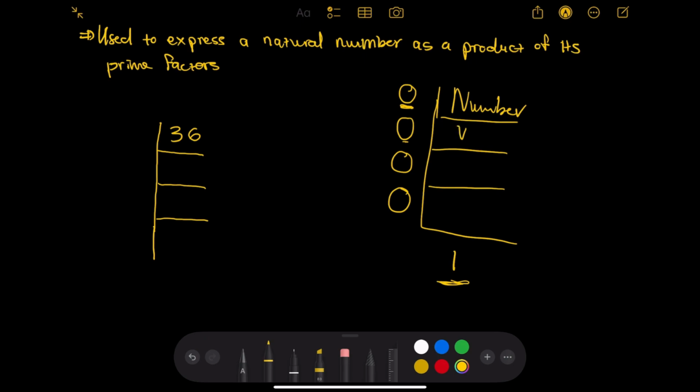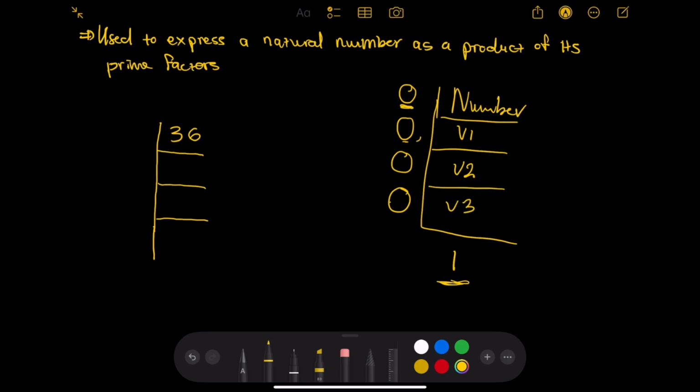It will give me some value, call it V1. Then V1 must be divided by its smallest prime factor to give me value 2. Then this value 2 must be divided by its smallest prime factor, whatever it would be, to give me value 3.